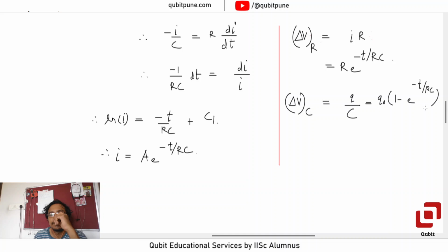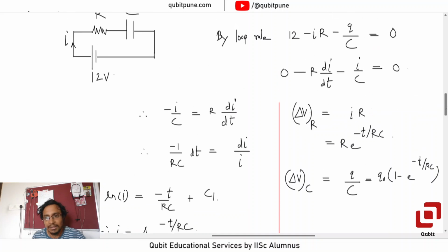For RC circuits, instantaneous charge across the capacitor. Okay, fine. Is he correct as far as this formula is concerned? Yes, sir, correct. But we don't know Q naught.